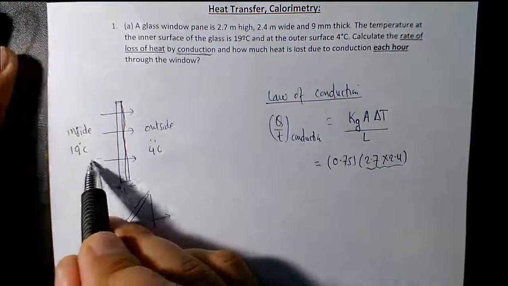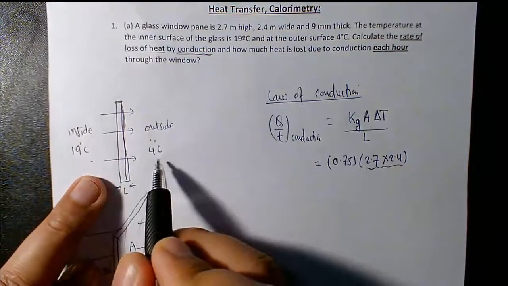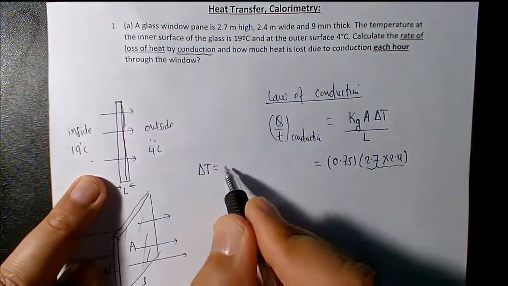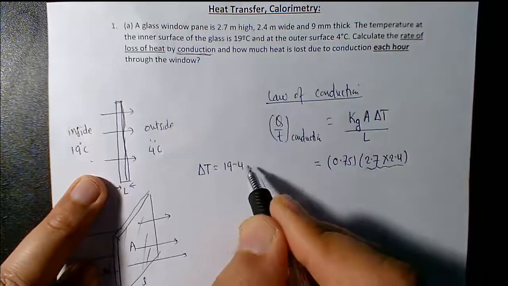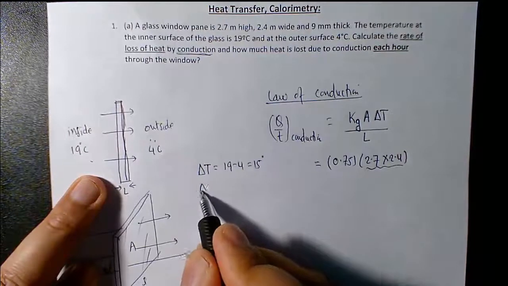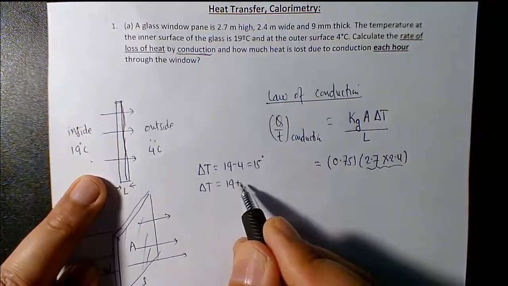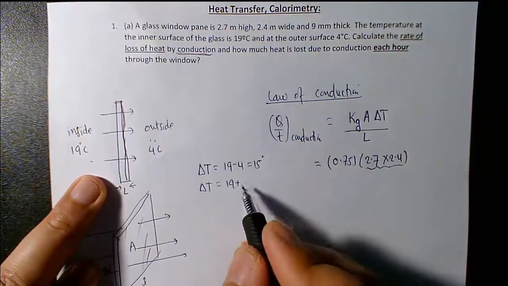This is given in Celsius. You can just keep it in Celsius. You don't need to convert into Kelvin. Even if you convert into Kelvin, the difference will be the same, 15 degrees, because the Kelvin scale and Celsius scale have the same number of divisions between upper and lower limits.